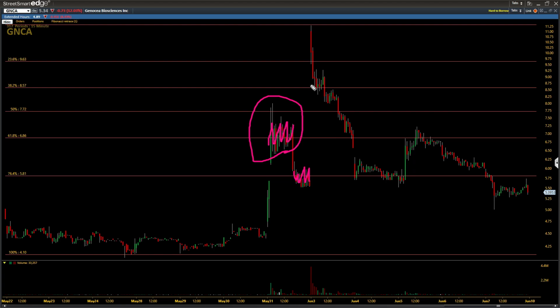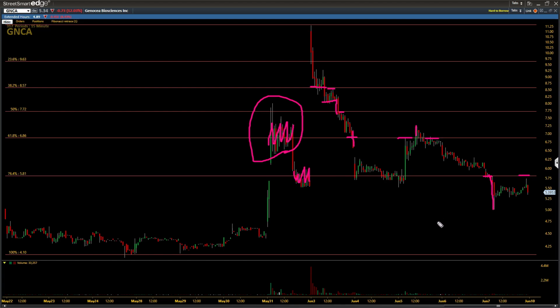It did look like it was confining right here, blowing through with these candles all the way through the levels, and then acting as a little bit of resistance, coming down right here, blowing through it, acting as resistance right there, poking over it, acting as resistance, hanging out right there, blowing through it, and then now resistance.